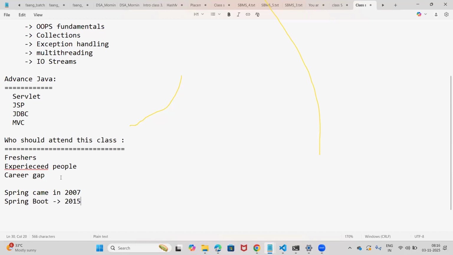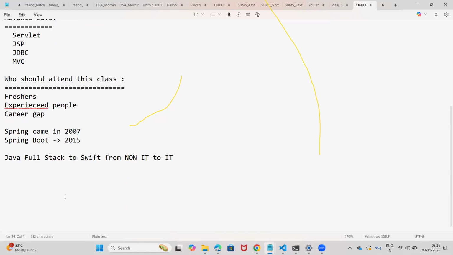And this Java full stack course is one of the trendy courses to shift from non-IT to IT, guys. Recently I have seen one article. Do you know what Fortune 500 companies are? Anyone, guys?